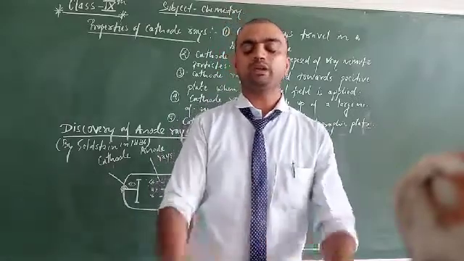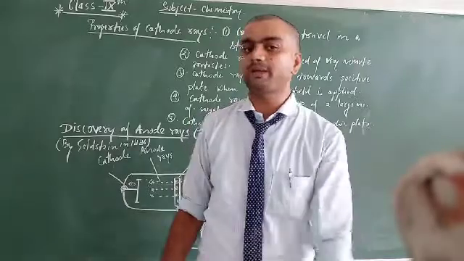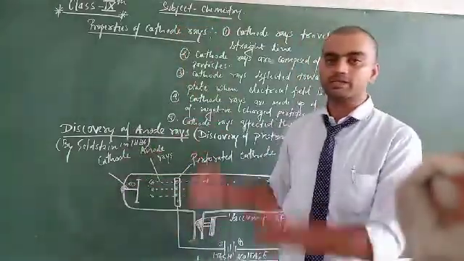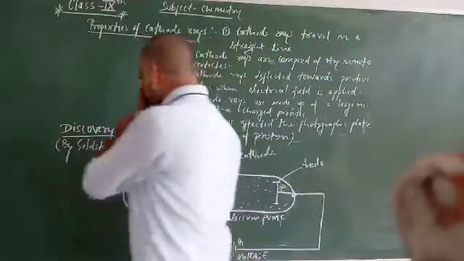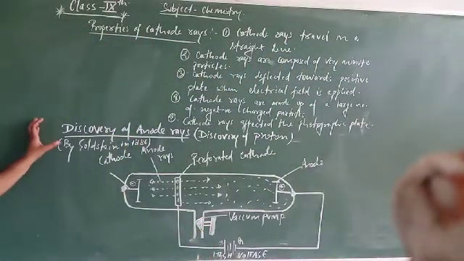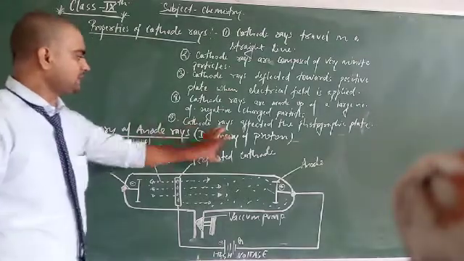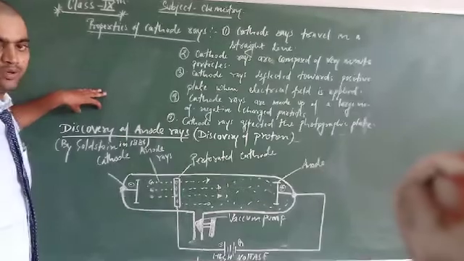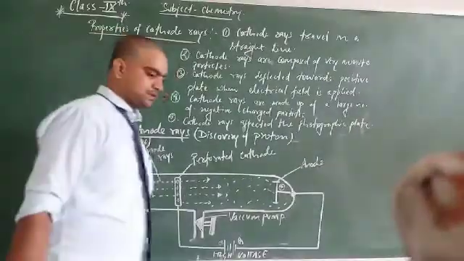Now let's speak about the second fundamental particle, which is known as the proton. Clear? How was the proton discovered? The discovery of the proton is directly related with the discovery of anode rays. Clear?